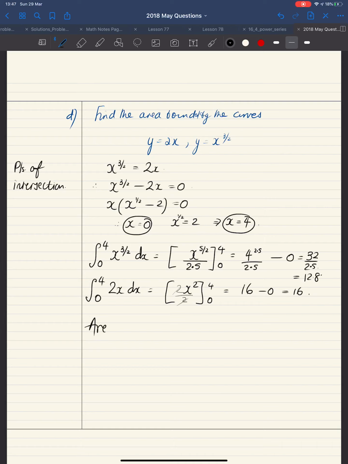Okay, so the area bounded between the two, trying to think what this looks like. You can have a look at the pictures on Google. I won't go over it now. But do the upper one, take away 12.8, 3.2.